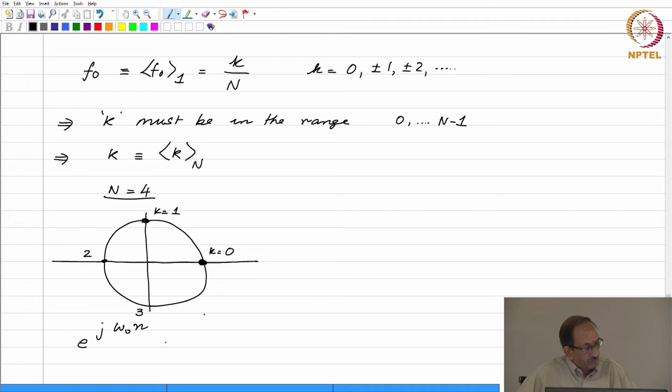This can be written as e to the j 2 pi by N k times little n. So, these are the various complex exponentials that are possible for period capital N, and in this particular case we are going to let N equal to 4.